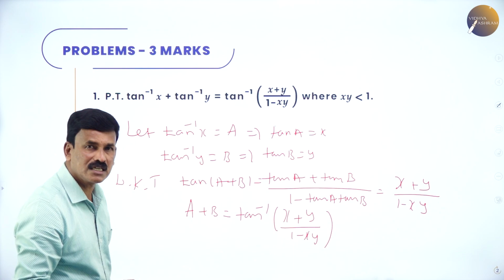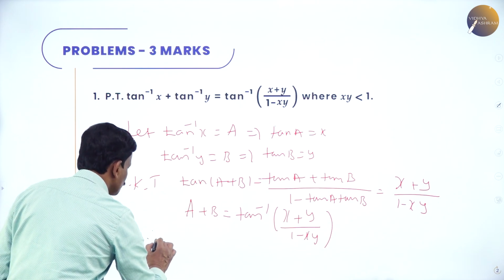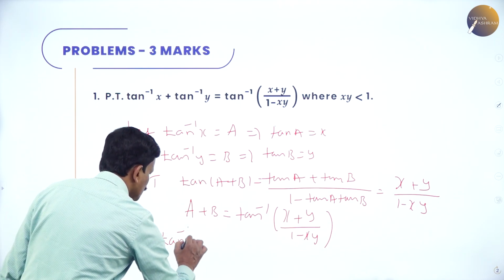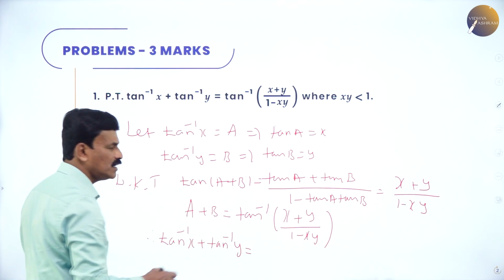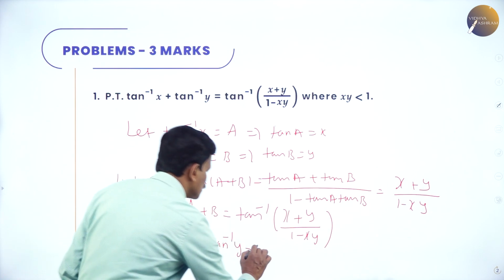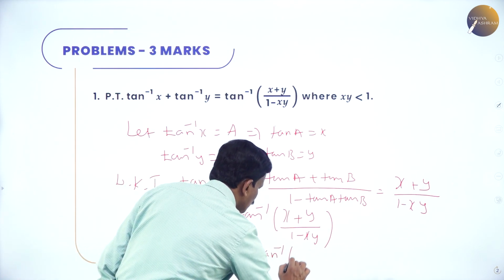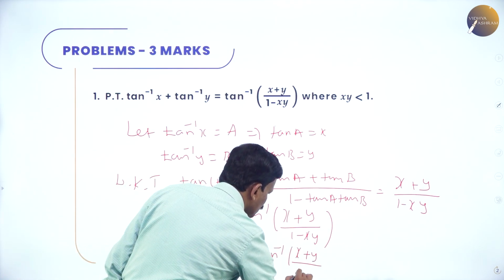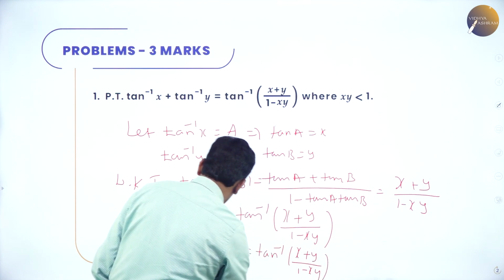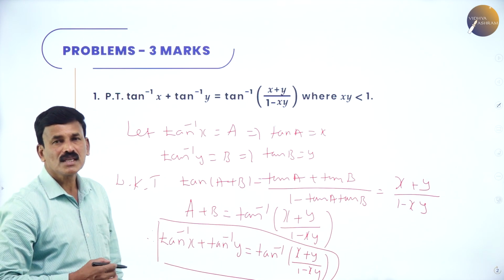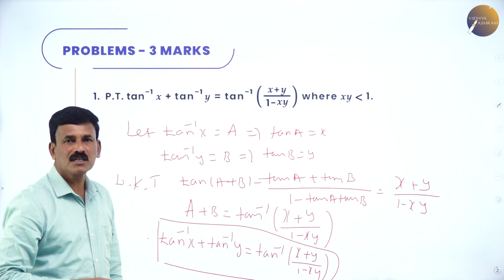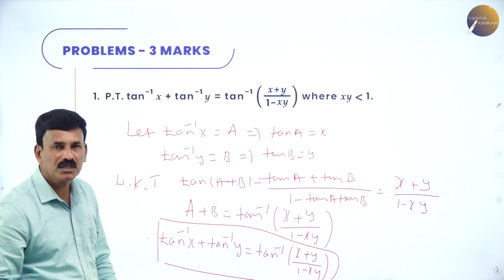Now substitute what is a and what is b. Therefore tan inverse of x and tan inverse of y. So tan inverse of x plus tan inverse of y is equal to tan inverse of x plus y divided by 1 minus xy. This is the very important proof. So what is the formula here? Tan inverse x plus tan inverse y is equal to tan inverse of x plus y divided by 1 minus xy.